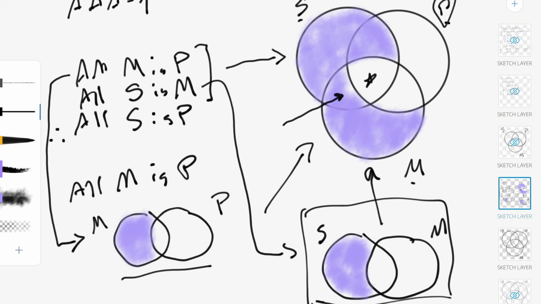So what that means is that because we're assuming that the premises are true when we put marks on this diagram, if the premises were true, the conclusion cannot be false. And this diagram shows that because the only region of S that's left unshaded is a region of S that has to fall inside of P. So if these premises were true, then the diagram proves that the conclusion cannot be false, and this argument is valid.